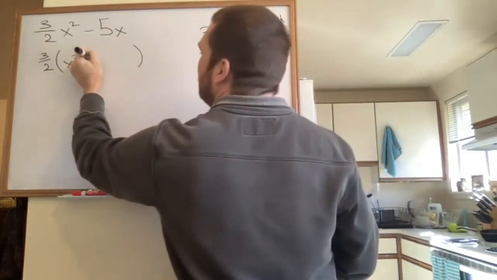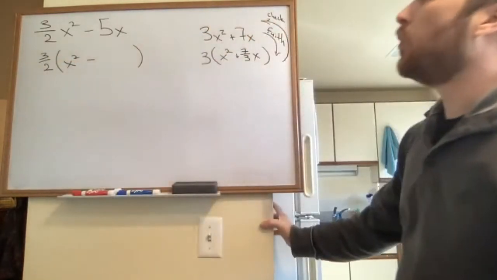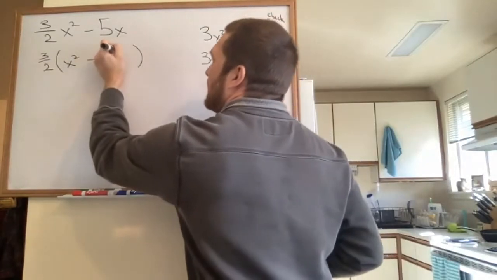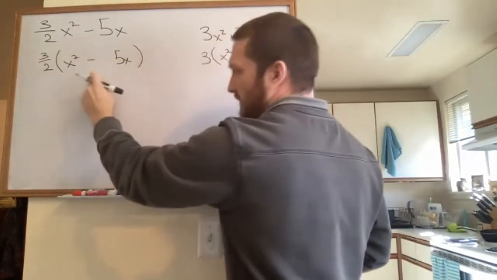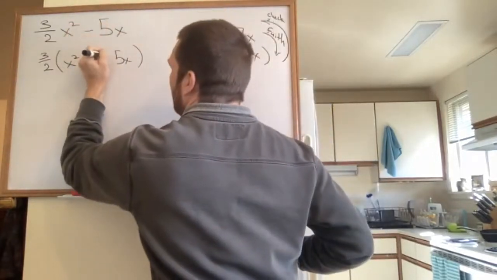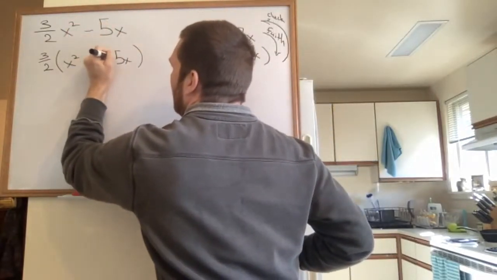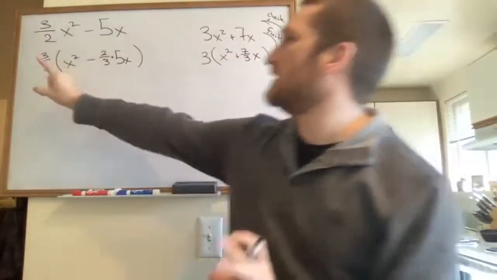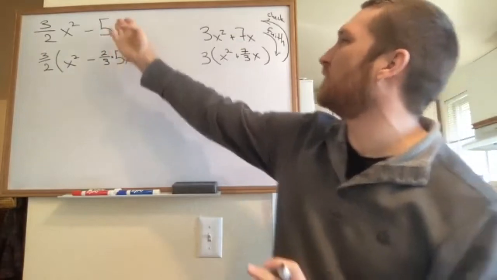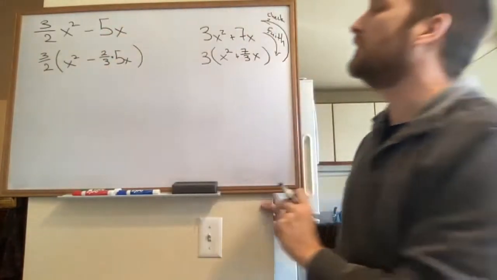Minus. Yep. And now what? Divide by or multiply by 2/3. Multiply by 2/3. Okay, and now I could see, yep, the 3/2 comes in, kills the 2/3, and I'd be left with 5x. Okay, I believe that step.